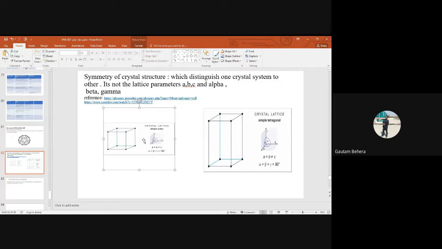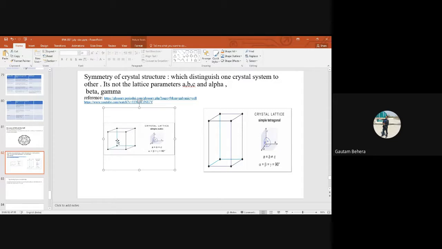And the second lattice parameter is the angle between these. Here, this is one angle, this is another angle, this is another angle, right? If you are considering this as A as length, the angle opposite will be between the two axes, the interaxial angle.